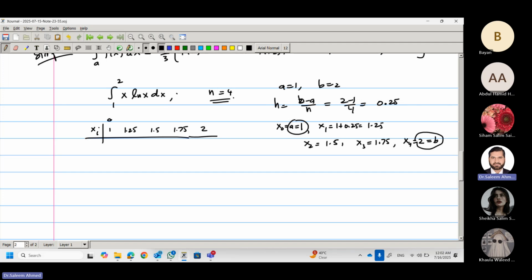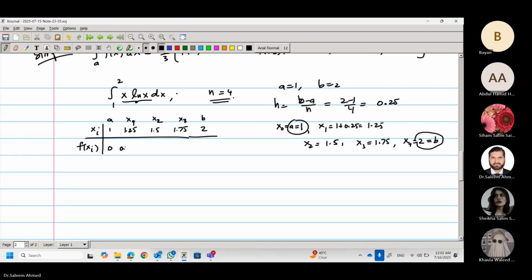So you can write x0, x1, x2, x3, x4. Now you will calculate the function values at xi. So what is f of 1? My function is x log of x, right? 1 log of 1 is 0. Then 1.25 log of 1.25.